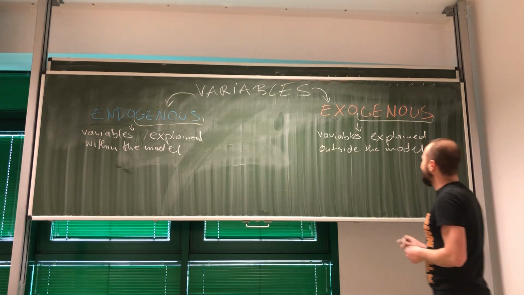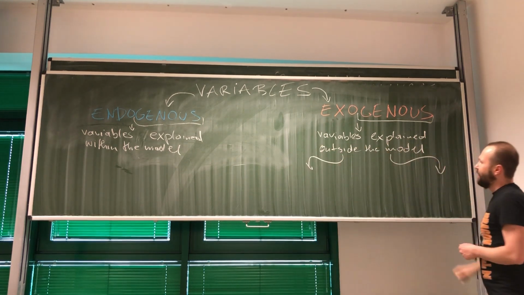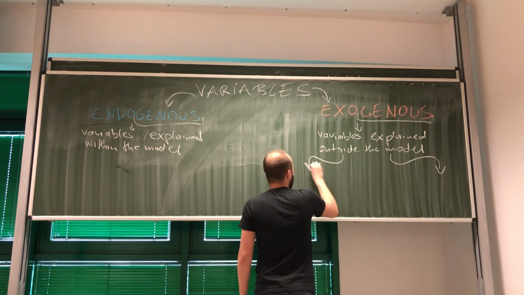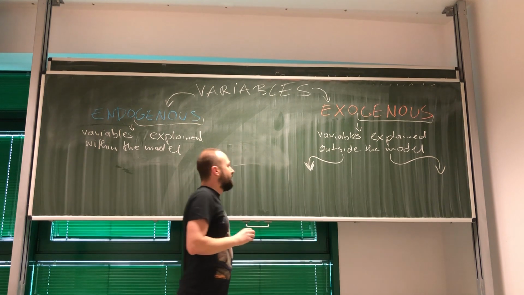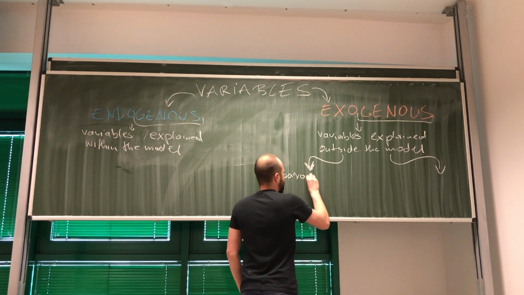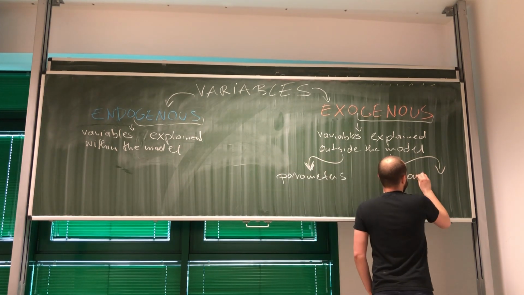Okay, and here we will be dividing this group into two additional subgroups. One is going to be parameters, and the other will be constants.